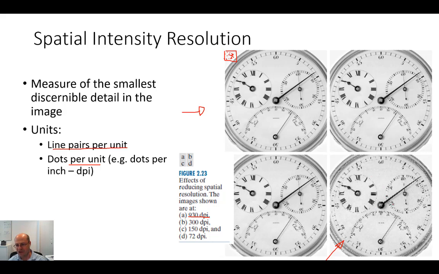If I have an image of low spatial intensity, like this one, it's a lighter image in terms of storage, but you see gaps in the information here, right? So why do we need that? Because if we want to get this image and make it into a smaller image, shrink it in order to save space, I just get rid of a number of pixels here and transform one image that's 930 dpi to an image that's 150 dpi, 72 dpi.